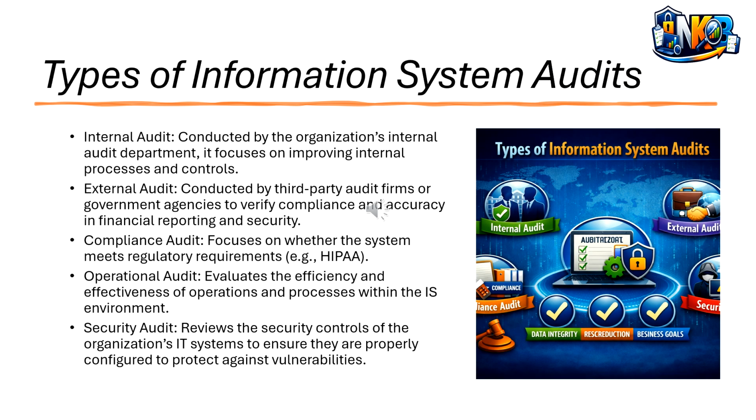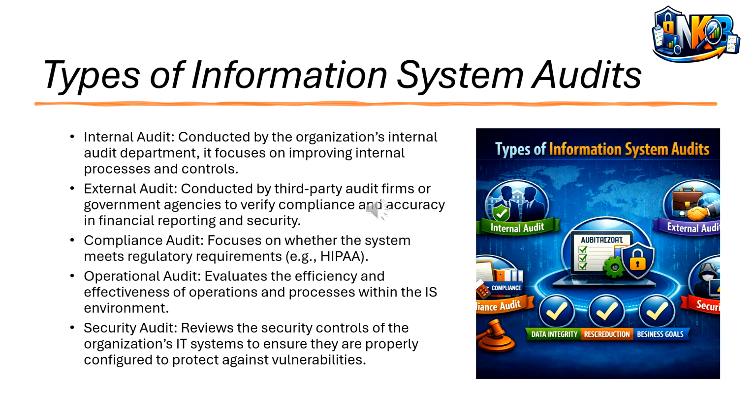Now here the question arises: how many types of information system audits are there? There are many types of information system audits that are conducted worldwide. First is internal audit. The organization itself conducts an IT audit and focuses on internal processes and controls.